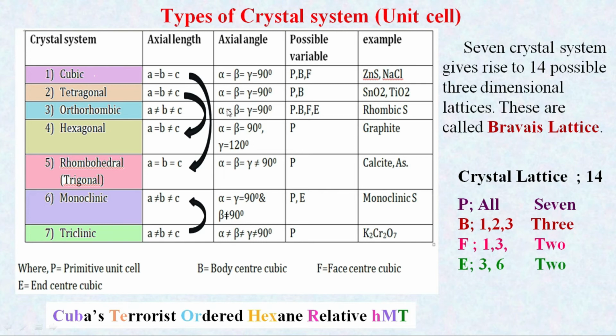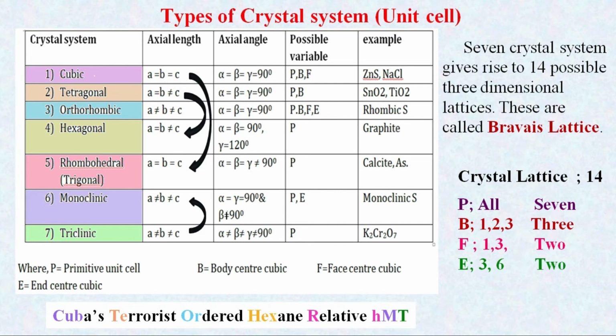Now we have remembered the axial angles of the first 3 systems and the last system. Now when I say the fourth system, that is hexagonal, the first structure, or one of the simplest organic molecules having hexagonal structure that will come to mind is benzene.